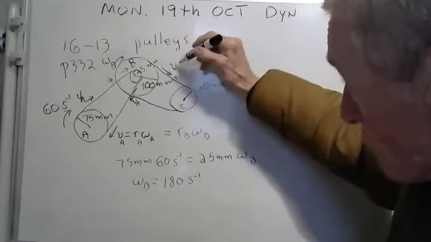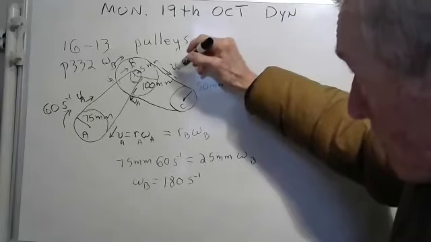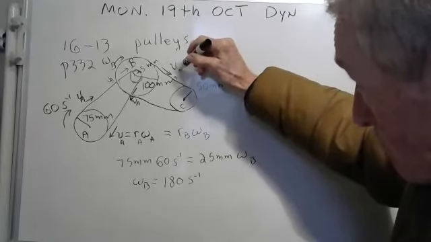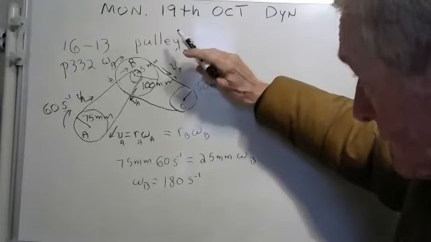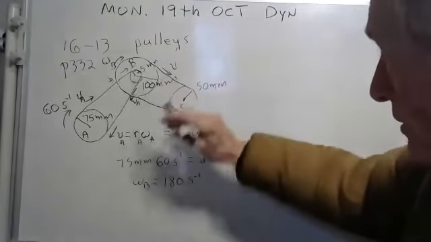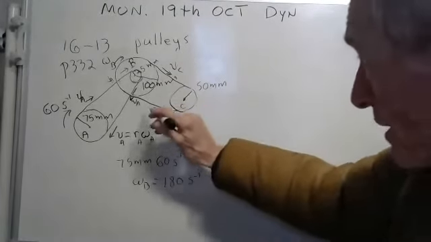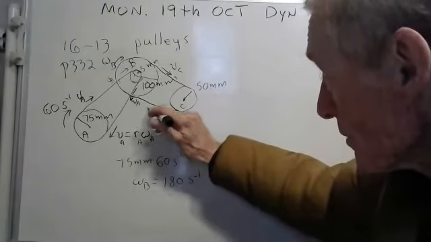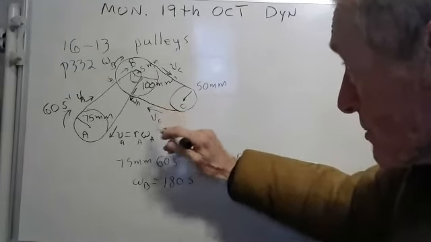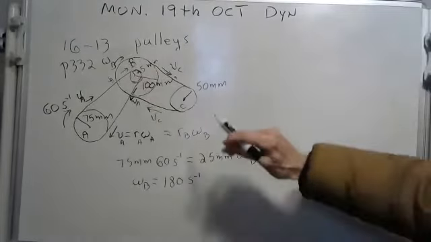So this pulley here has a velocity like that. We're going to call it, oh, I don't know, VB maybe. I think we'll call it VC. Just give it a name. And see that pulley has got a velocity here, same velocity. So we're going to write it. Here we go.